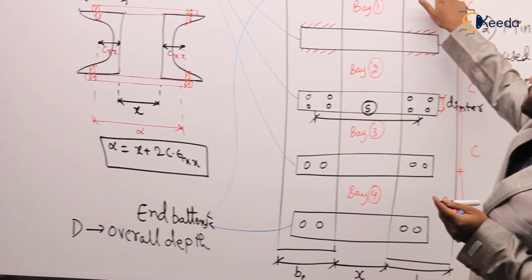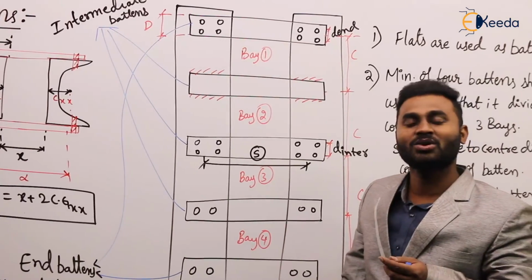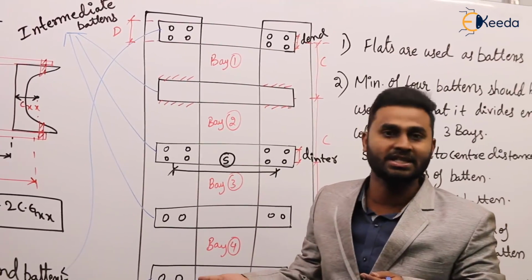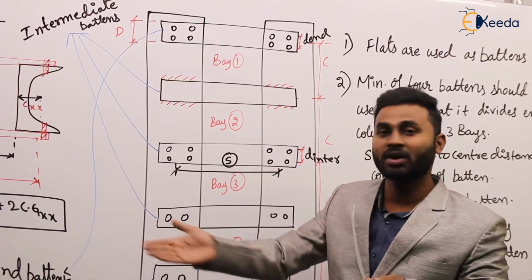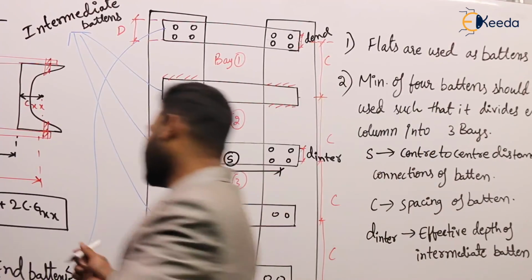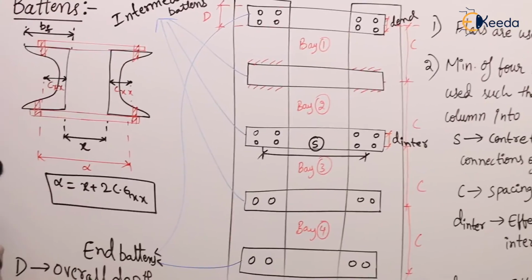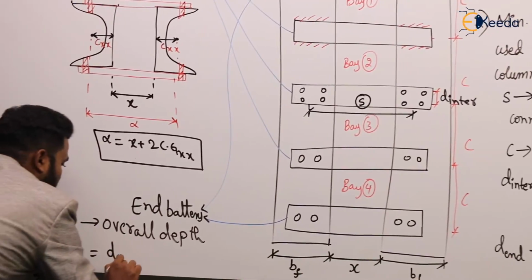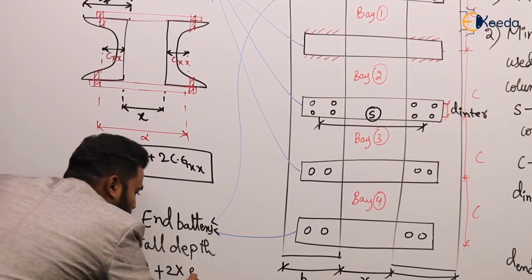The distance from the center to this edge is known as the end distance. Agree or not? So there is a provision for end and edge distances. After knowing the end distance, we can calculate the overall depth. So D is equal to, for example, if you want to calculate the overall depth of end batten, then effective depth of end batten plus 2 into end distance.